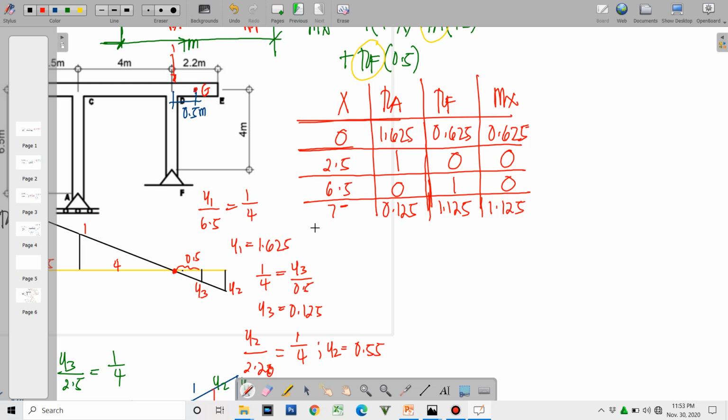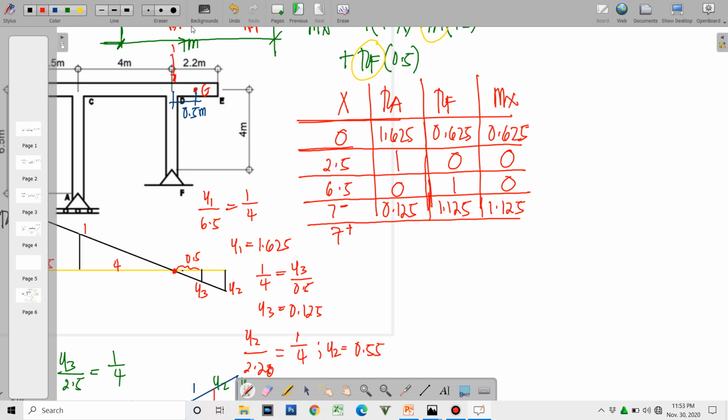And then moving our unit load just right of G here, okay, 1 will no longer be present on the cut section, therefore there will be no value for RA, and reaction at F. Take note of that.